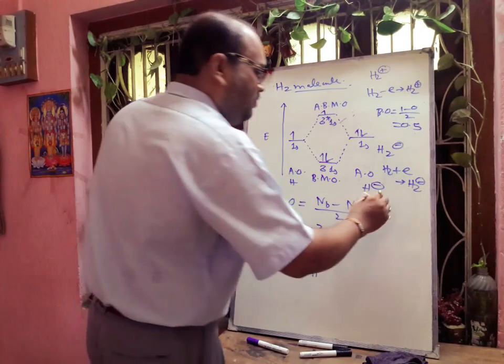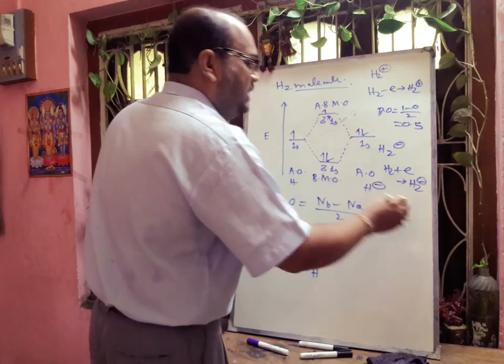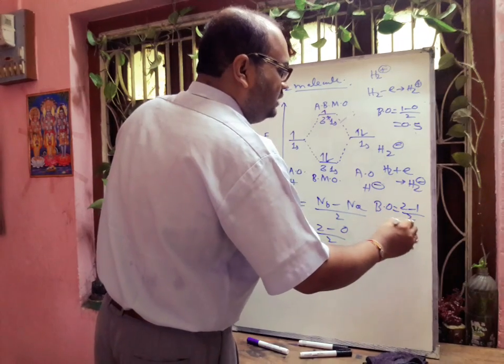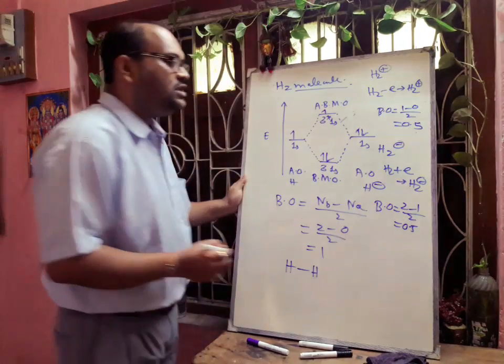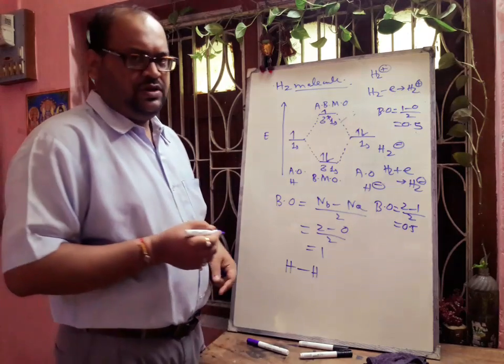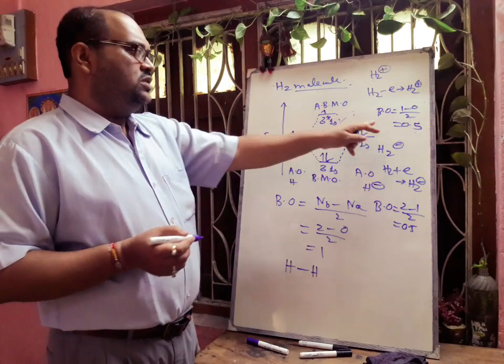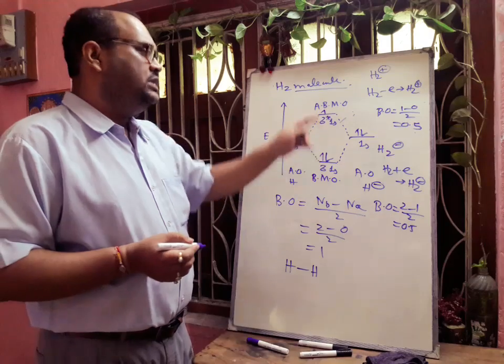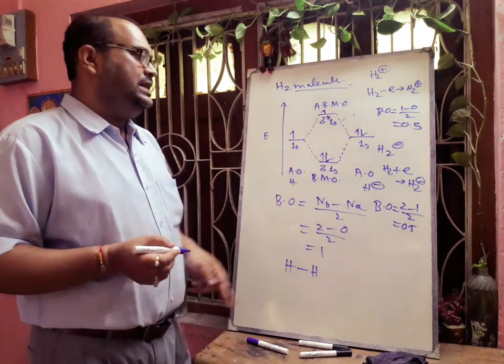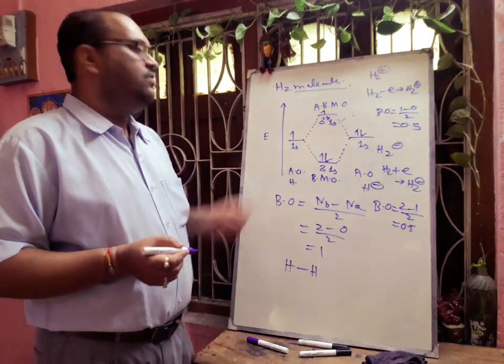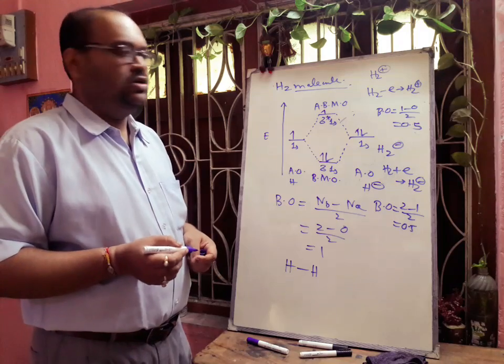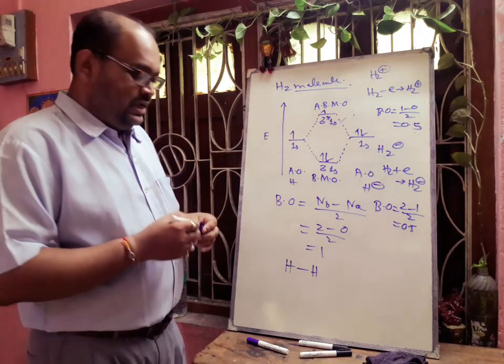So here also the bond order will be the number of bonding electrons, 2, minus 1, divided by 2, that will be 0.5. So both bond orders are the same. It is also 0.5. Now this one is also paramagnetic in nature because of the presence of one unpaired electron. So hope you can understand.